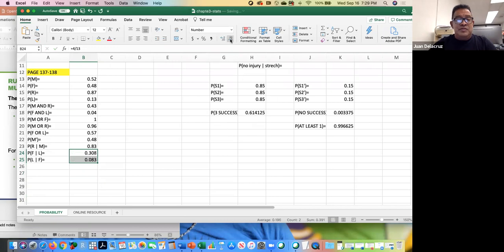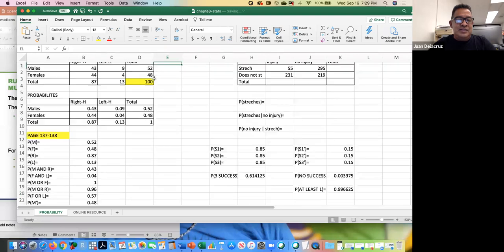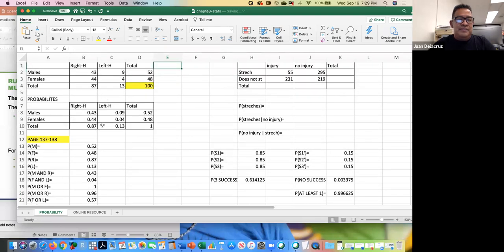As I said before, I want to see formulas. I don't want to see typing the numbers. You are seeing the numbers, so I want you to understand what we are doing. In this case, this table is extremely helpful. Those are some of the probabilities that we built before, so we can use them.